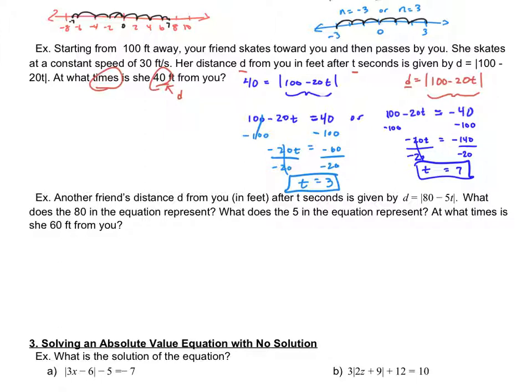So at what times is she 40 feet from you? It is going to be when my time is 3 seconds and 7 seconds. So again, 3 and 7 seconds. We're always worried about context. There you go.